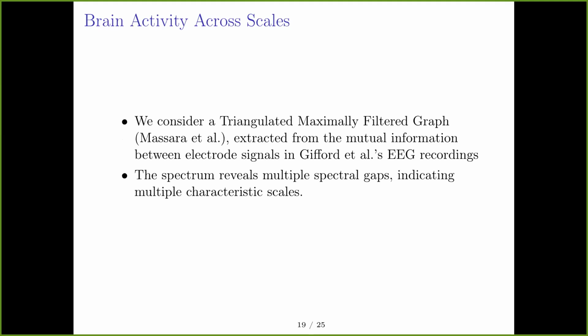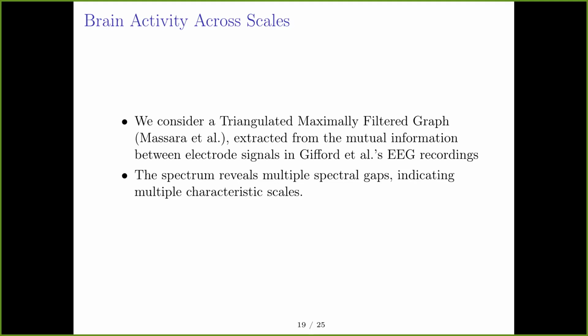So we looked at EEG recordings from patients who were involved in object recognition. They were shown some images and had to identify certain images. From each of the electrodes recording, we built a mutual information matrix, essentially how much information is shared between two electrodes. And from that, we extracted the graph using this method here.